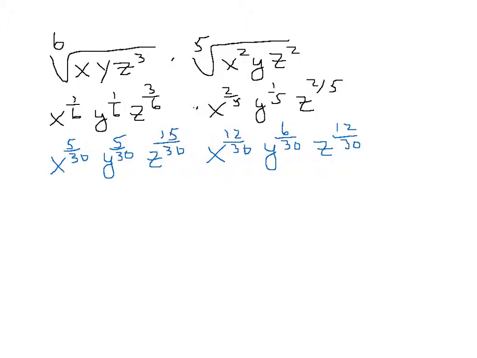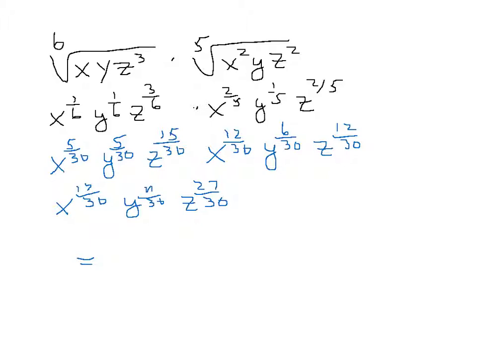So now I can add them together. So I have x to the 17/30ths, y to the 11/30ths, z to the 27/30ths. I think that's all right.